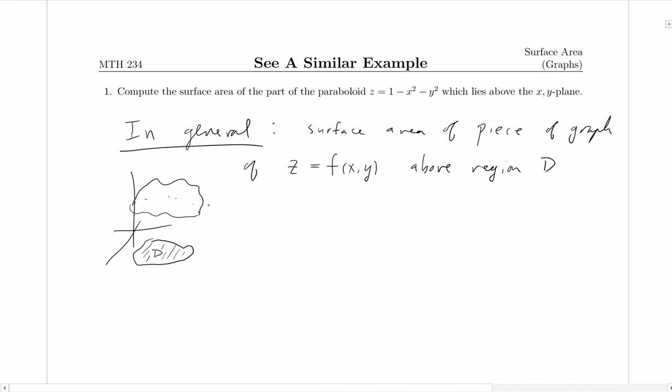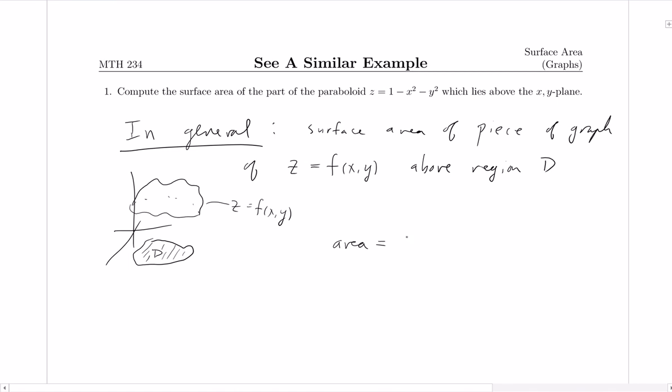So this here is a surface given by an equation of this form: z equals some function of x and y, and only the piece that lies above the region D. So we want to find its surface area.